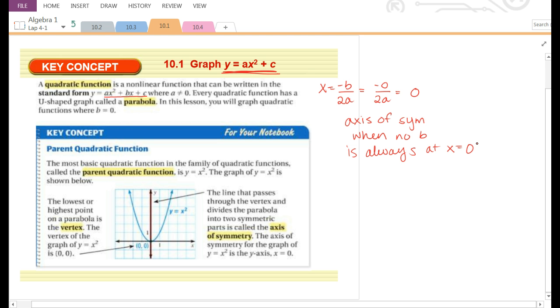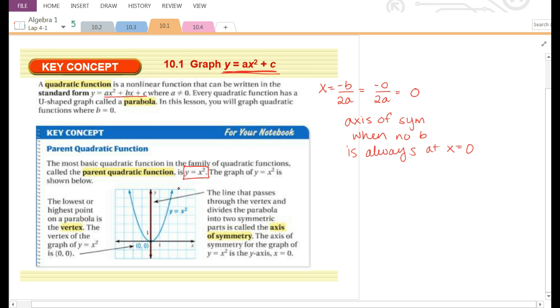So our parent quadratic function, the most basic one, remember the parent is the most basic one, is y equals x squared. A is 1, there's no b, and there's no c. And so we see what the parent function is at this picture below.